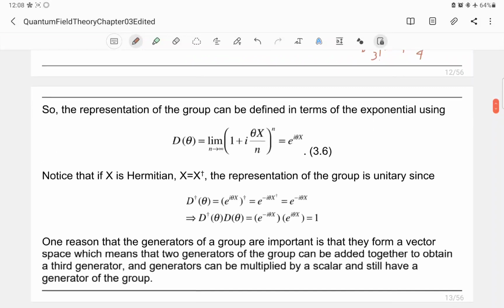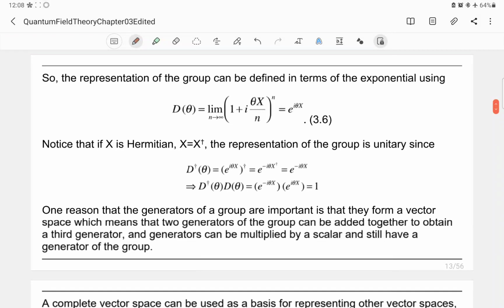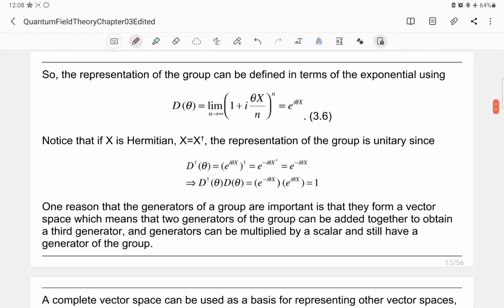So the representation of the group can be defined in terms of the exponential using this definition. So say e to the theta x.